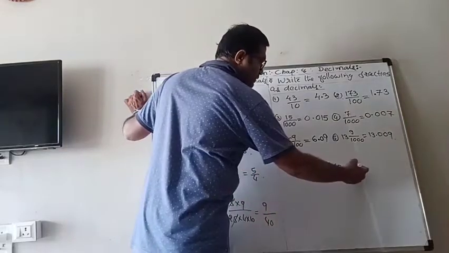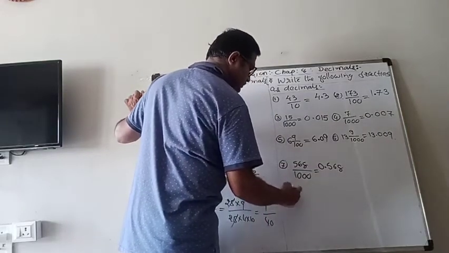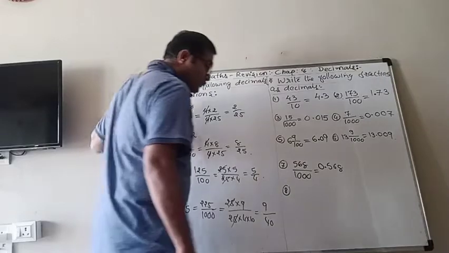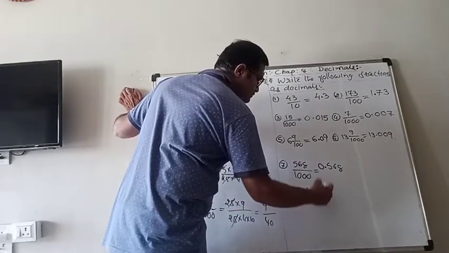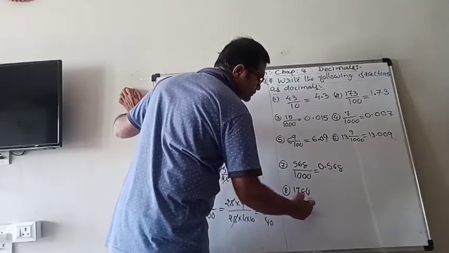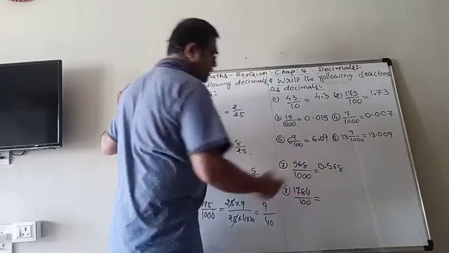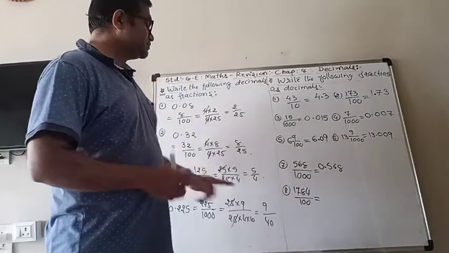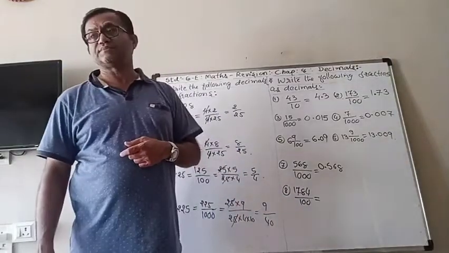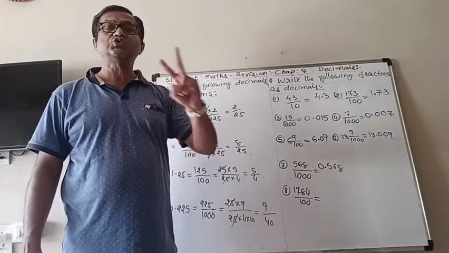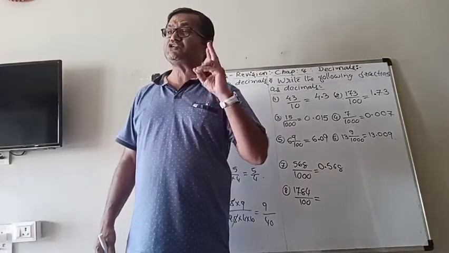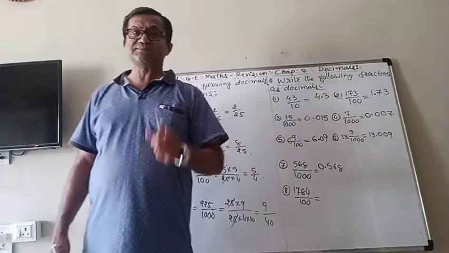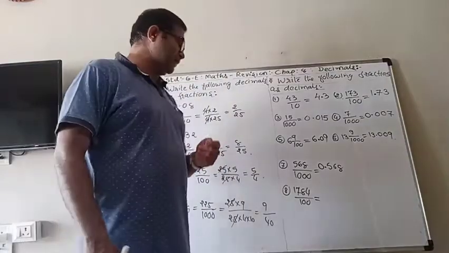Now the 8th one. The 8th one is 1784 upon 100. So now here in the denominator there is 100. So there are 2 zeros. It means that we need 2 decimal places in the decimal number.